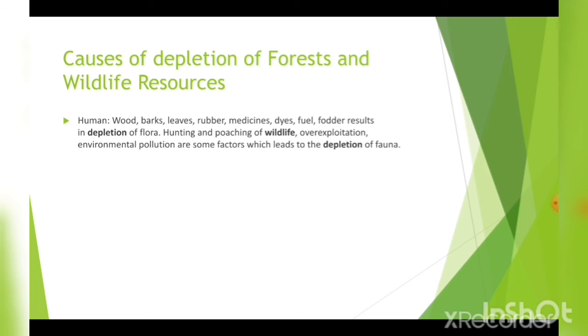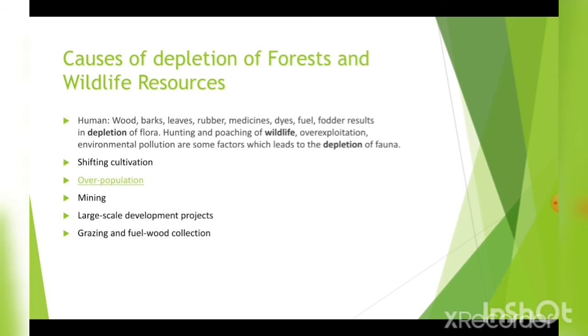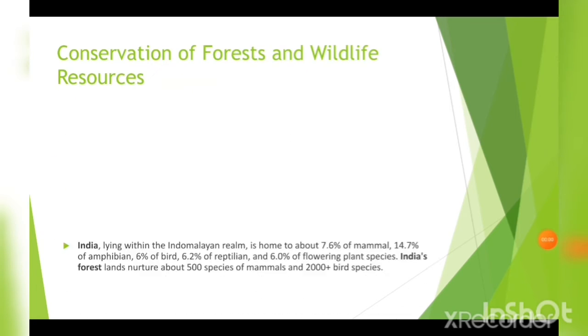Hunting and poaching of wildlife, overexploitation, environmental pollution are some factors which lead to the depletion of fauna. Shifting cultivation, overpopulation, mining, large-scale development projects, grazing and fuel wood collection, there are countless of them.